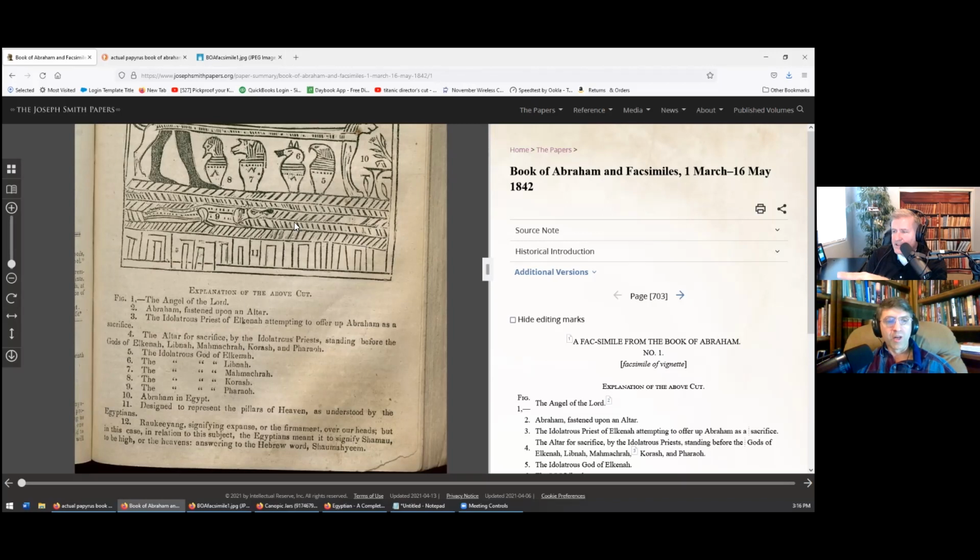If you're looking at the facsimile and the explanation down below, figures 5 through 8, it will say idolatrous god of Elkanah, and then the idolatrous god of Libnah, idolatrous god of Mahmackrah, and then 8 is the idolatrous god of Korash. That's how he labels them.